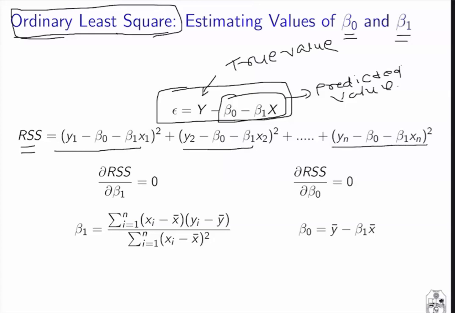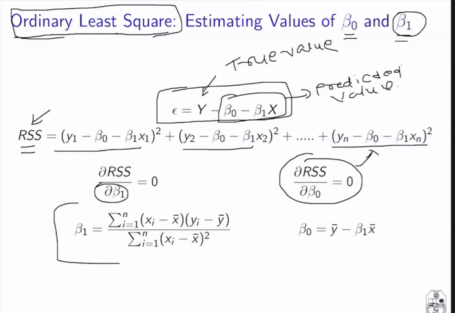To find the value of beta 1, we differentiate the residual sum of squares with respect to beta 1, and to find beta 0, we differentiate it with respect to beta 0.